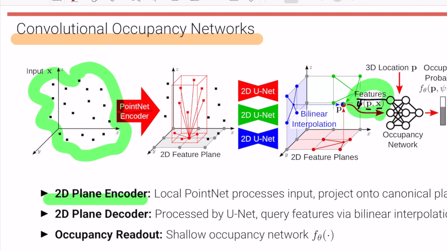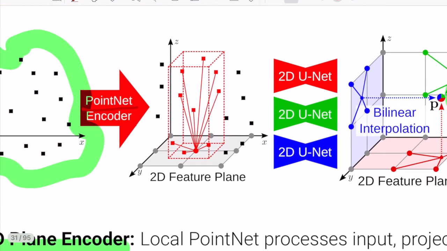So first of all, encode some feature map by using the PointNet kind of encoder.